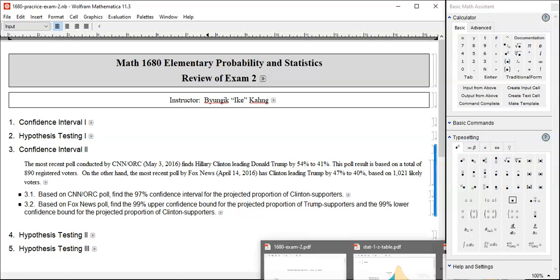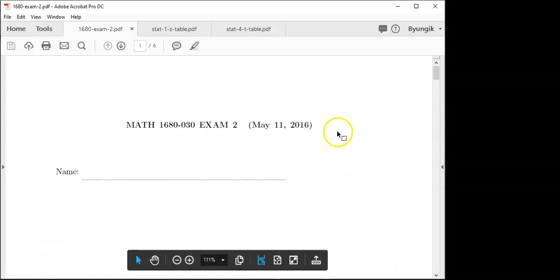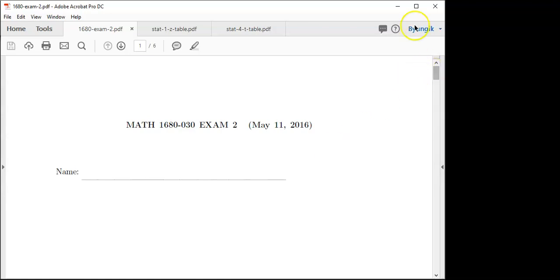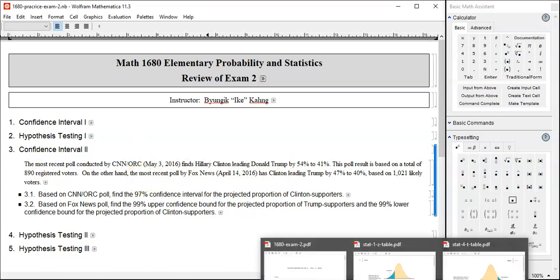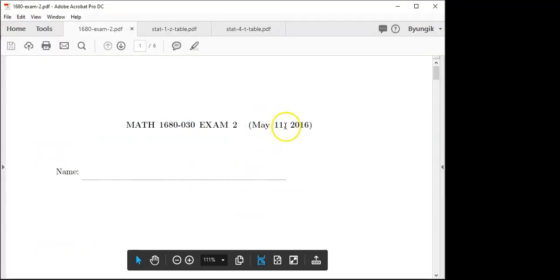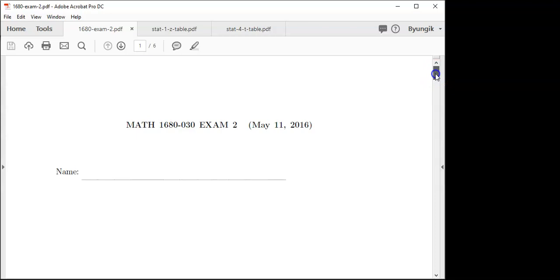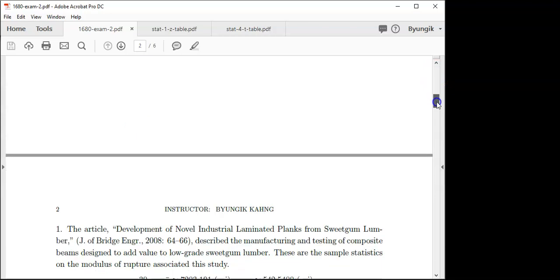By the way, this is the original problem here, and the date I wrote this exam problem was May 11th of 2016, and the most recent polls here and there refer to the most recent from the early week of May of 2016. Nowadays, of course, those are old news.